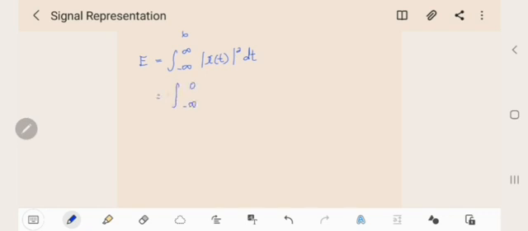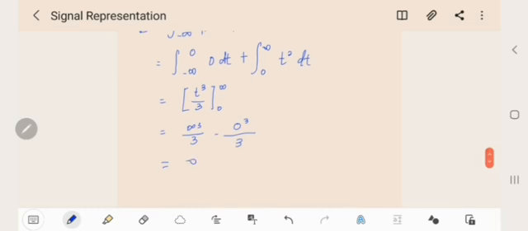From negative infinity to 0 the ramp signal is 0, plus from 0 to infinity we get t squared dt. Integrating, we have t cubed divided by 3 from 0 to infinity, which is infinity cubed over 3 minus 0, so infinity. So the energy is also infinity.